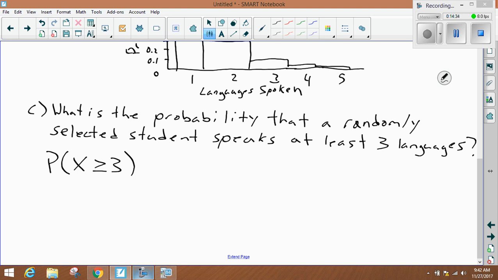X can be 3 or greater. So we can write this as the probability that X is equal to 3 plus the probability that X is equal to 4 plus the probability that X is equal to 5.